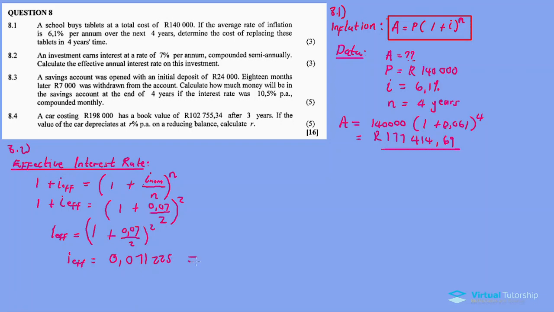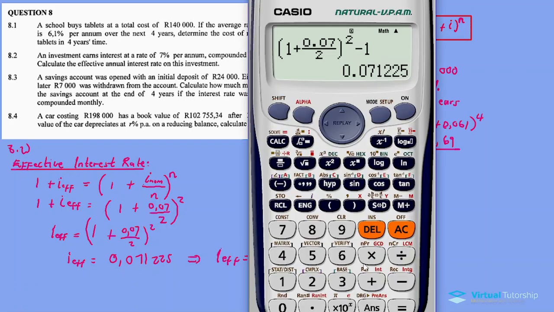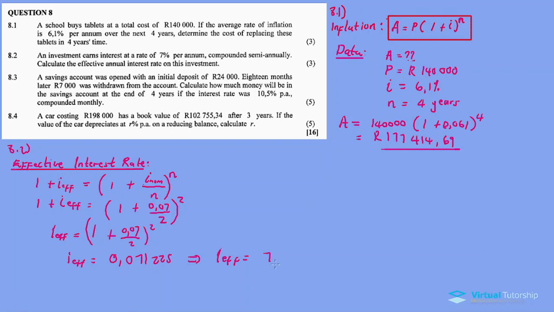So it's 0.071225. So the effective interest rate is equal to this, and then we multiply by 100% and quote it to 2 decimal places: 7.12%. Here it was expressed as a decimal.